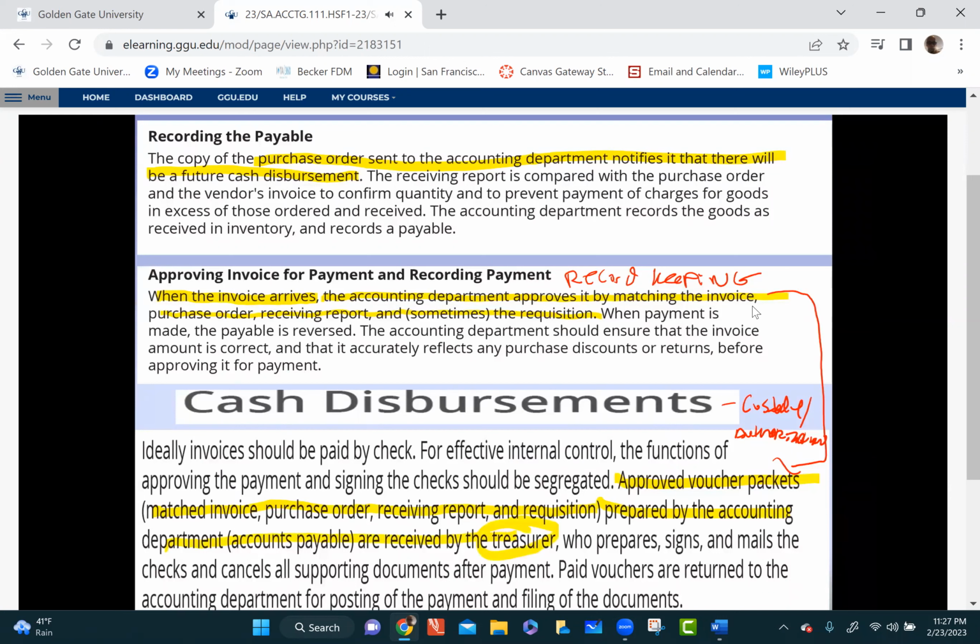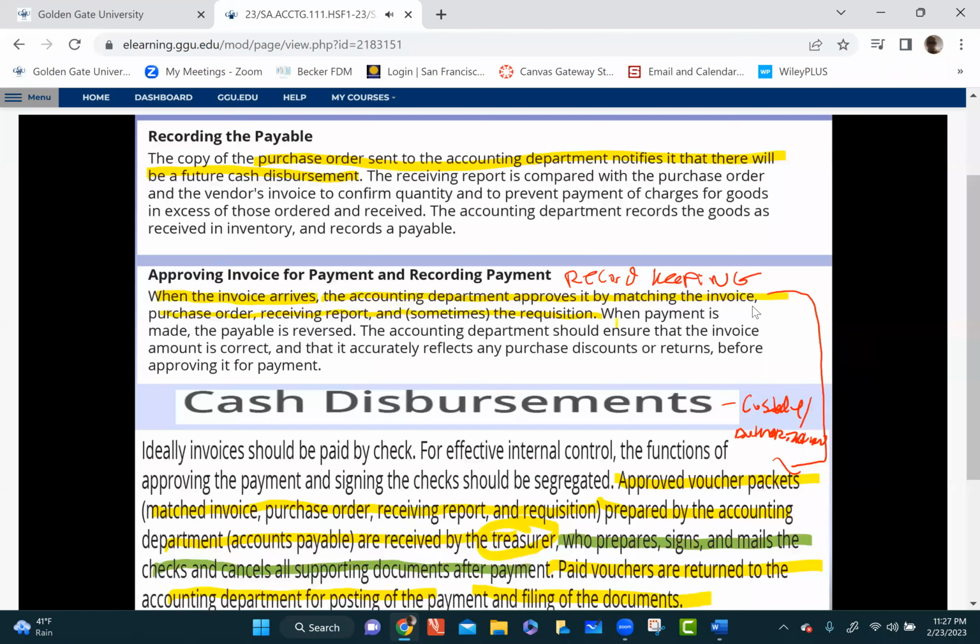The treasurer is the one that is authorized to go ahead and sign and mail the check, cancel all supporting documents, and then the treasurer will do what? The treasurer is the one that will turn around and send that back to the accounting department.